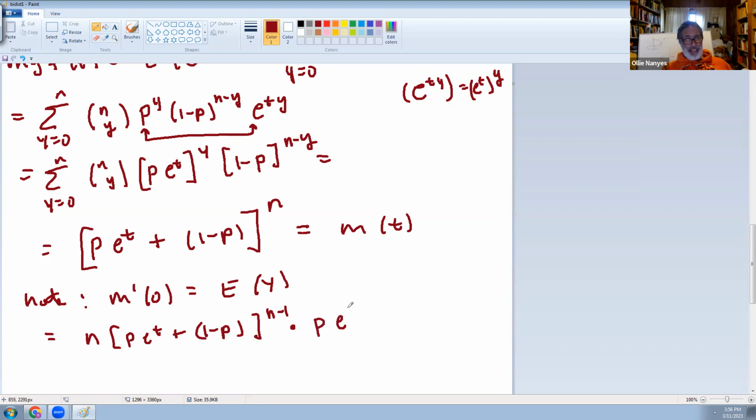That's p e to the t. So this is m prime of t. Then m prime of 0 is n, and e to the 0 is a 1.